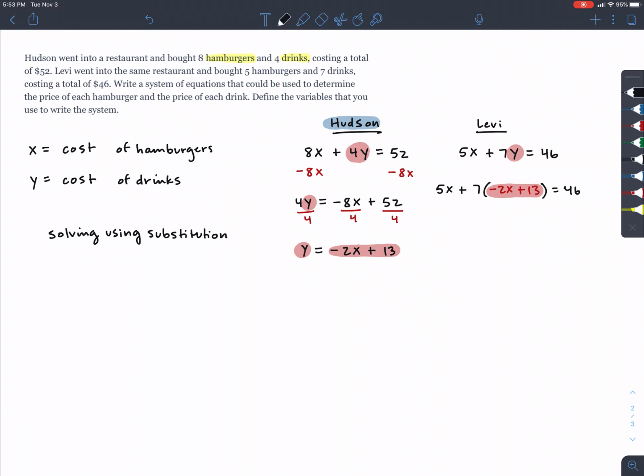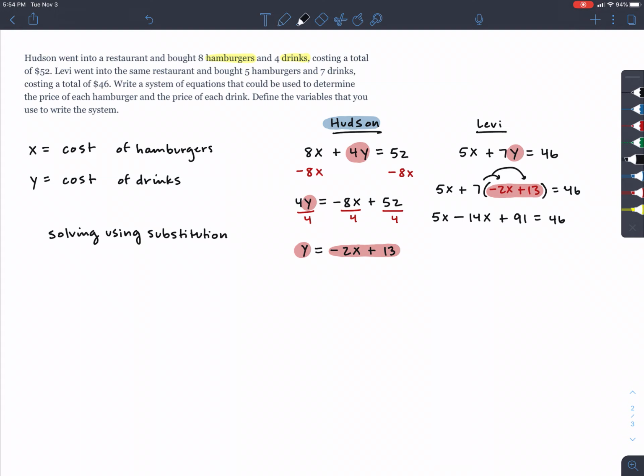So now I have some algebra. That 7 is going to get distributed to both terms. This becomes 5x minus 14x plus, and I've got to use my calculator again, 13 times 7, that is 91, is equal to 46.